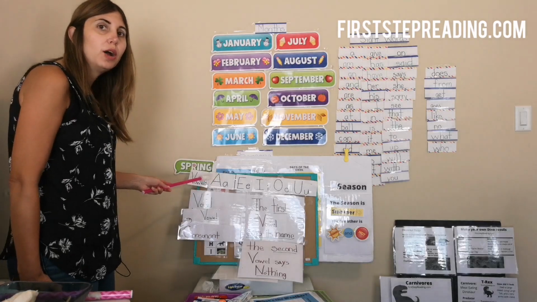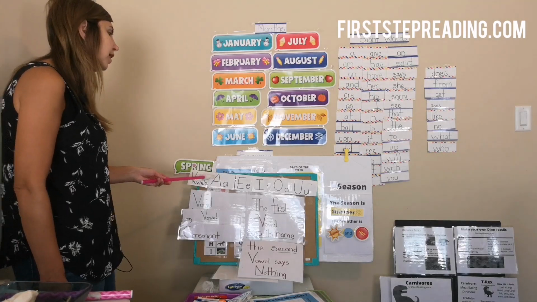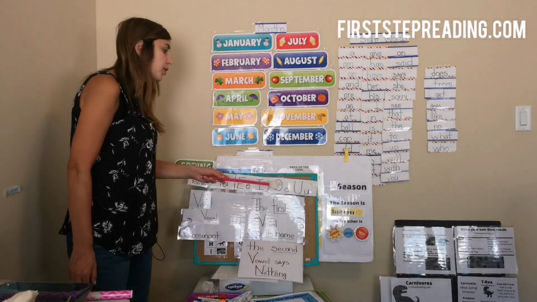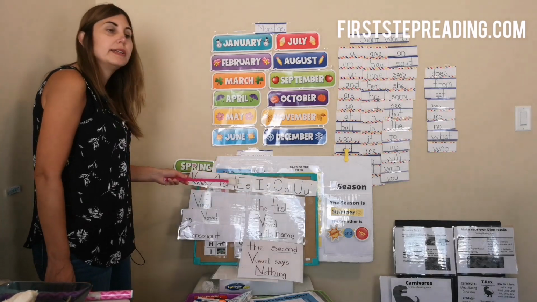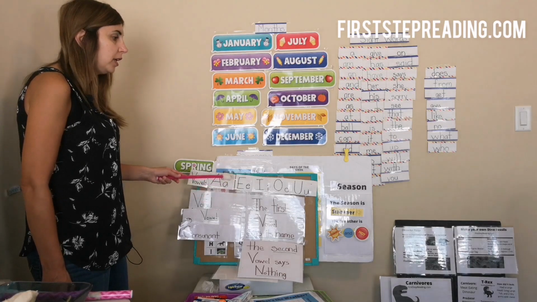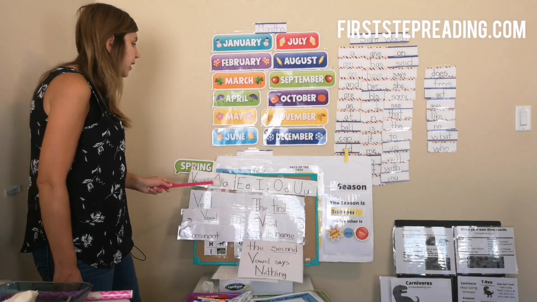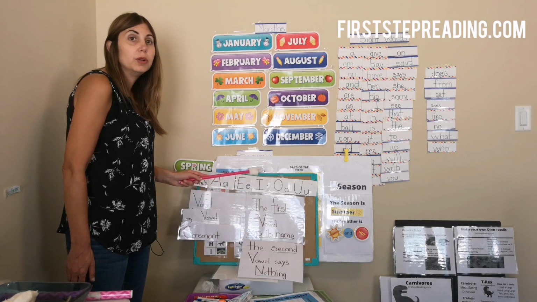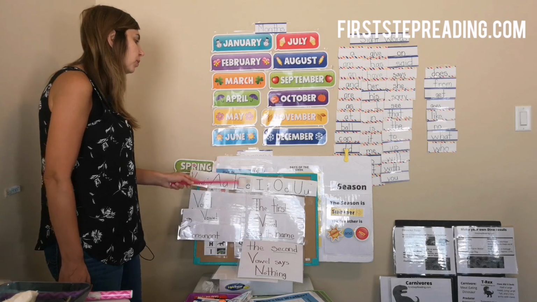A is a vowel, a vowel, a vowel. A is a vowel, A-E-I-O-U. E is a vowel, a vowel, a vowel. E is a vowel, A-E-I-O-U. I is a vowel, a vowel, a vowel.